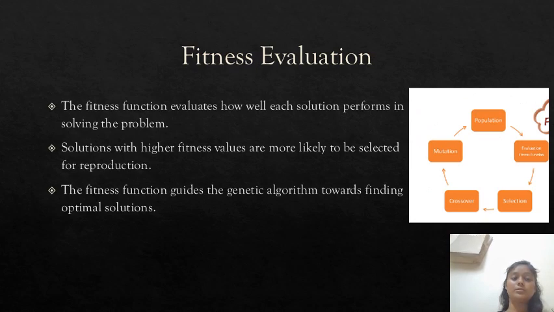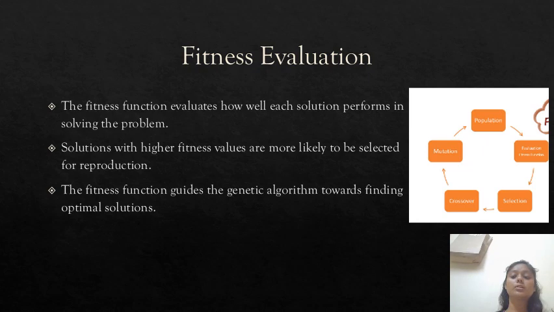Fitness evaluation. Fitness function evaluates how well each solution performs in solving the problem. Solutions with higher fitness values are more likely to be selected for reproduction. The fitness function guides the genetic algorithm towards finding the optimal solutions. So here we have the initial population and we are going to check which among the population solutions are really good.